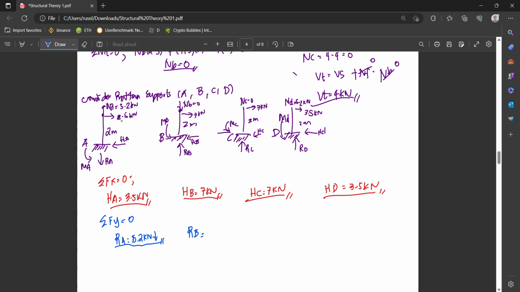RB is equal to 0 kilonewton. Then your reaction at C is 0 then also. Reaction at D is 5.2 kilonewton na pataas naman. Okay?